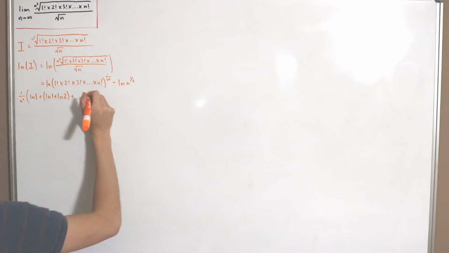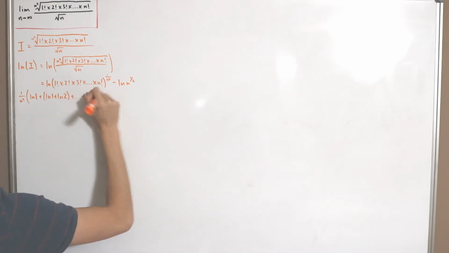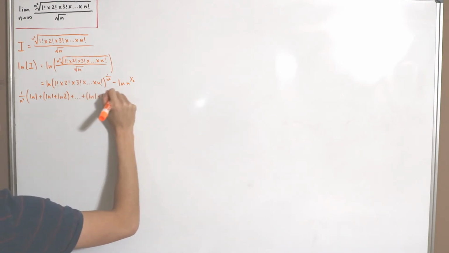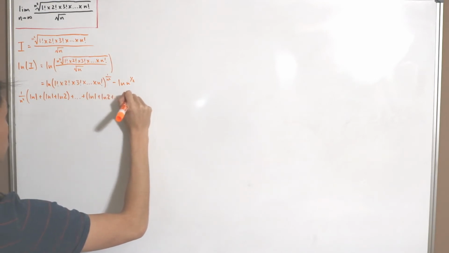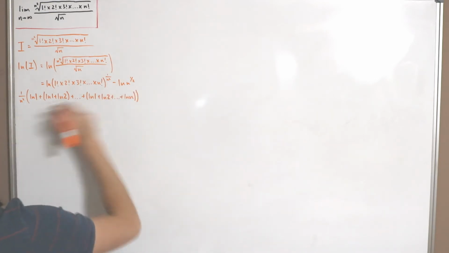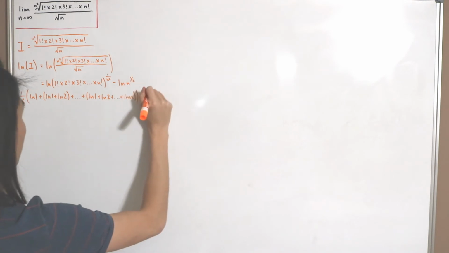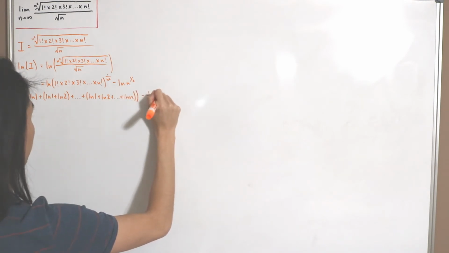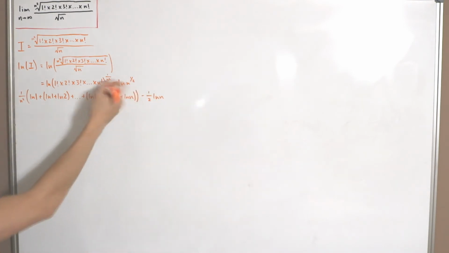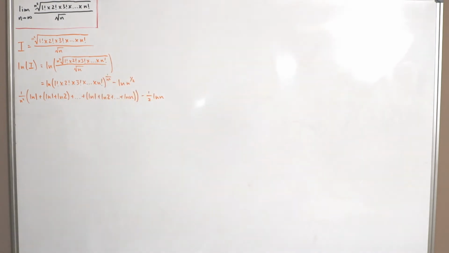We have the natural log of 1 plus the natural log of 2 plus dot dot dot all the way up to the natural log of n. Then I subtract 1/2 multiplied by ln of n, simply moving the 1/2 to the front of the natural log.